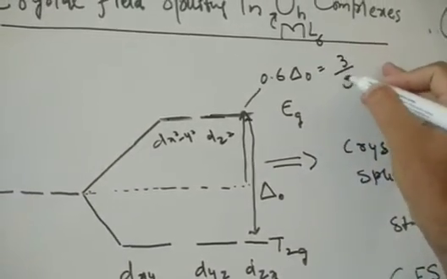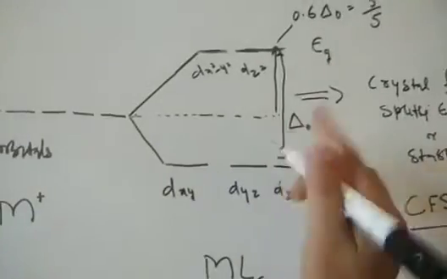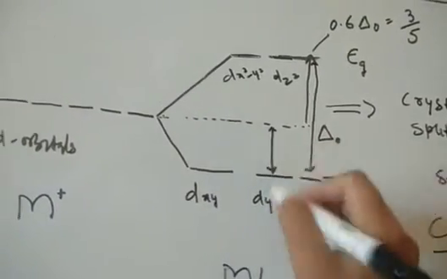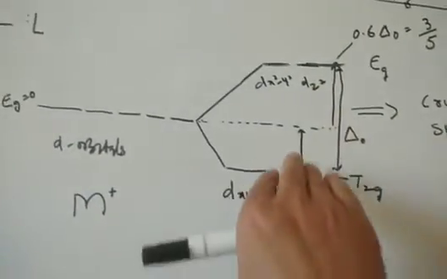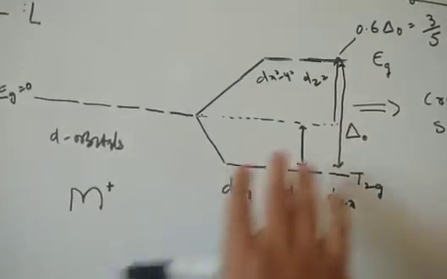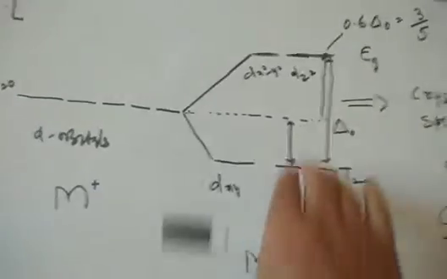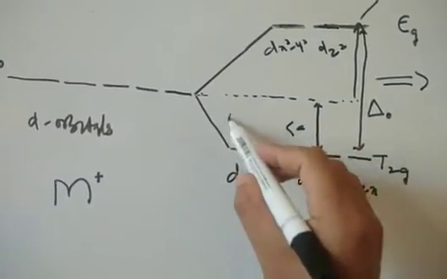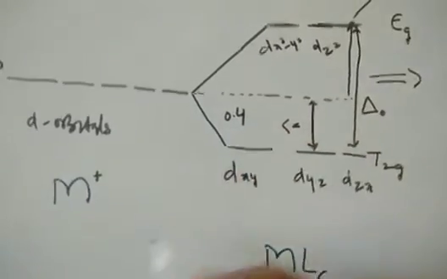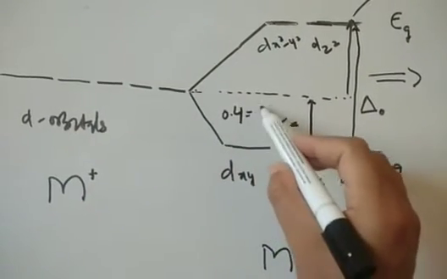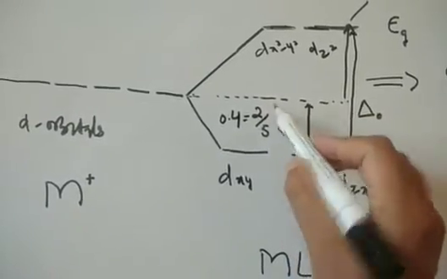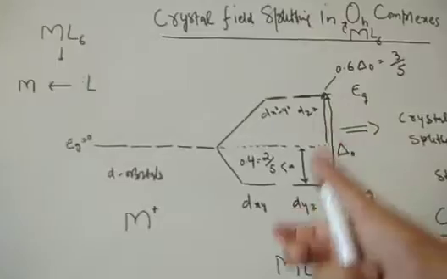These three orbitals are lowered in energy, and this value is 0.4 delta O for each, that is 2 by 5. So this was the crystal field splitting in the octahedral complexes.